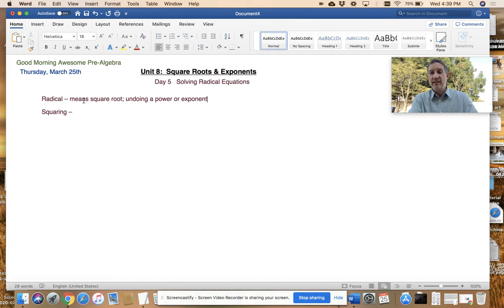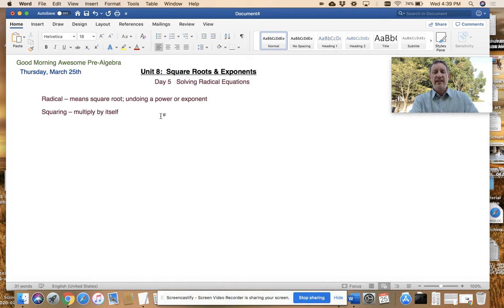Next week we'll be talking about exponents, so it's good for you to learn this vocabulary in terms of exponents. What does squaring mean? Who remembers that? That means that you multiply something by itself. If I square 5, it's 5 times 5.